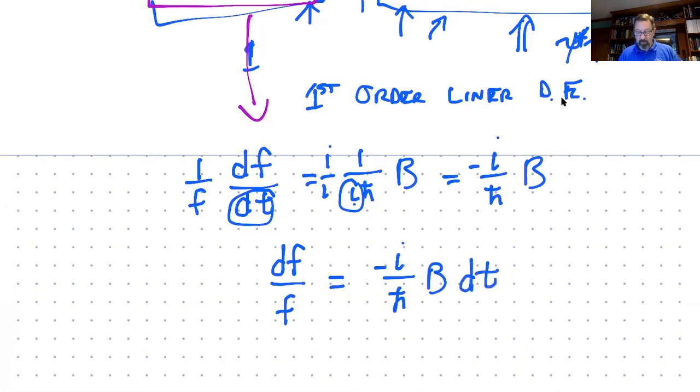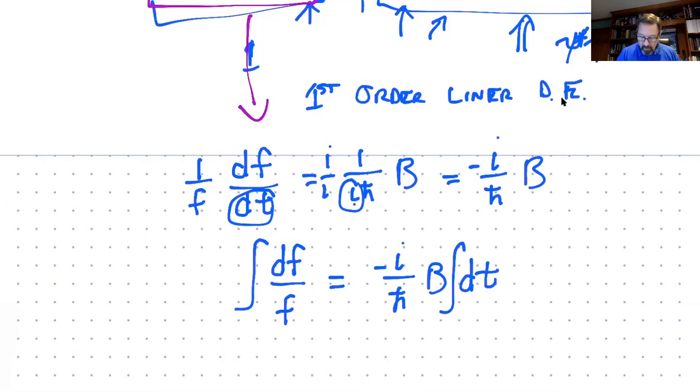All right, I've kind of cleverly moved things around here. So if I integrate this thing, we're going to drop the arbitrary constant. So I'll just do an indefinite integral, okay?